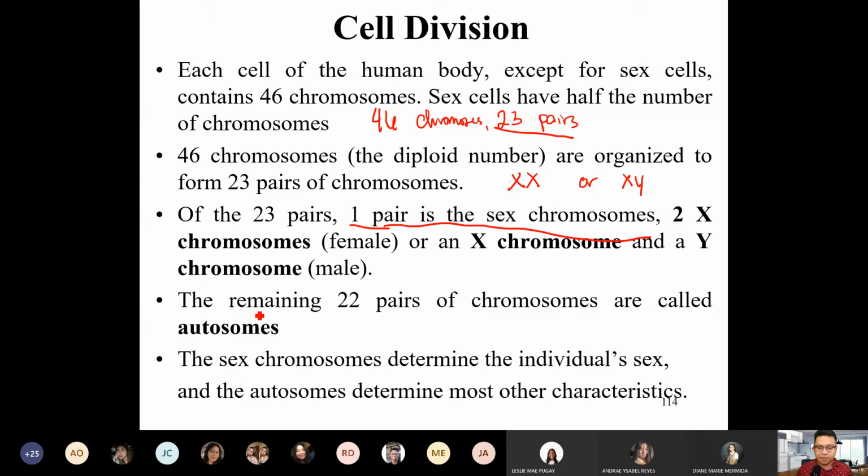Okay? In relation to these 23 pairs, if a certain disease is linked with the sex chromosome or not the autosome, that's where the conditions that only appear in males come out.